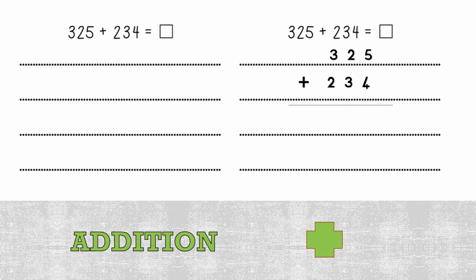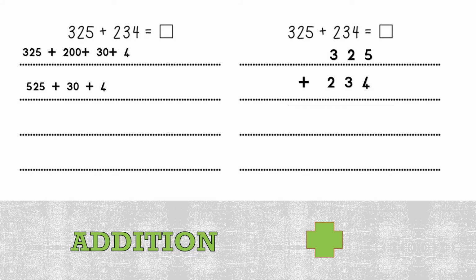We take the first number and we just bring it down without changing it, and then we change our second number into hundreds, tens, and units. So then we have 325 plus 200 plus 30 plus 4. Then we take our first two numbers, 325 plus 200, we plus them together, then we have 525.